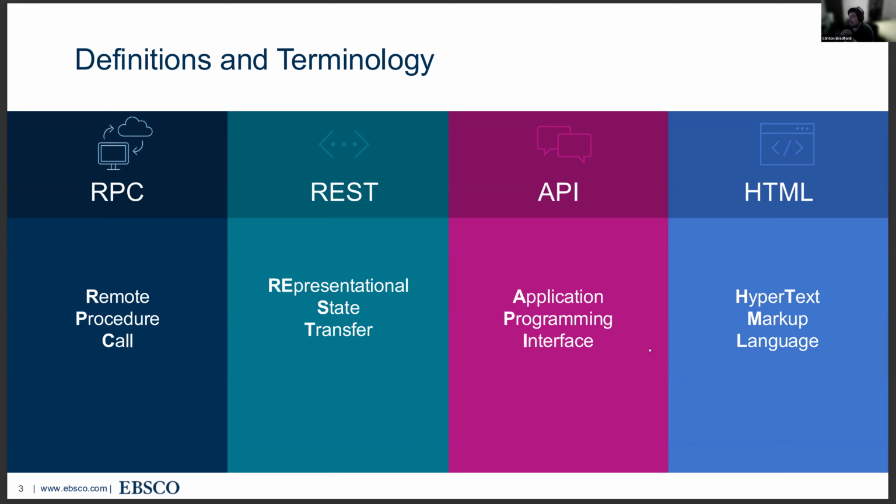Then we're going to work with a REST API today. That's a term that gets somewhat overused, and there's a lot of contention about what it means. It stands for representational state transfer.